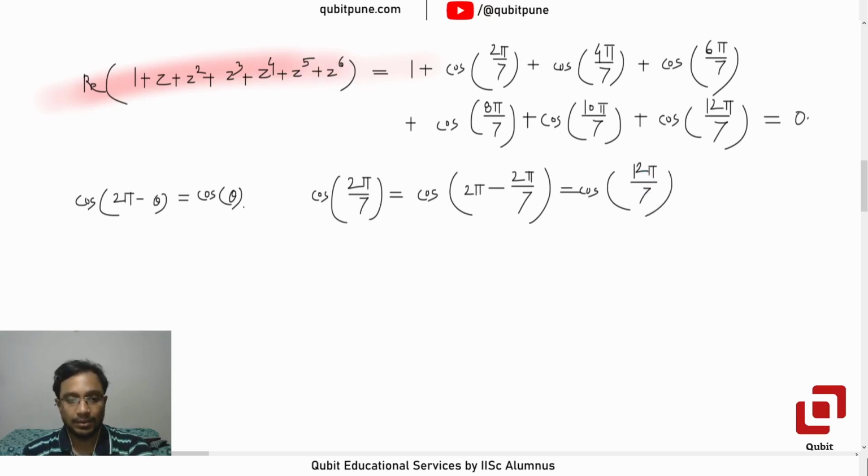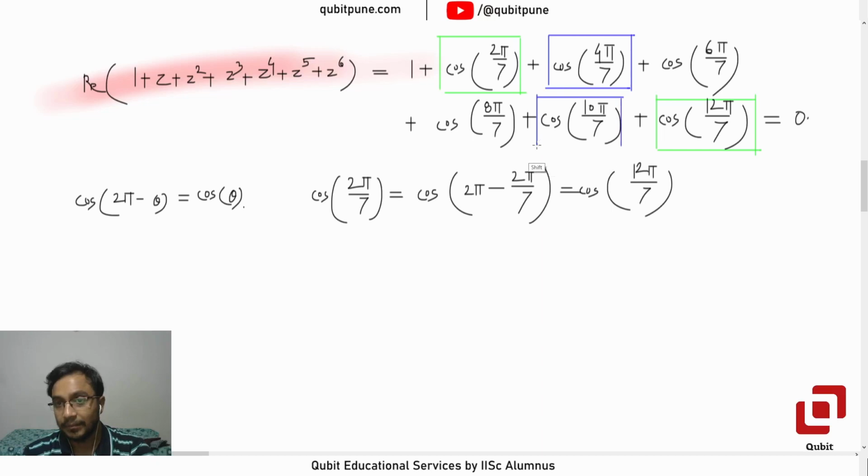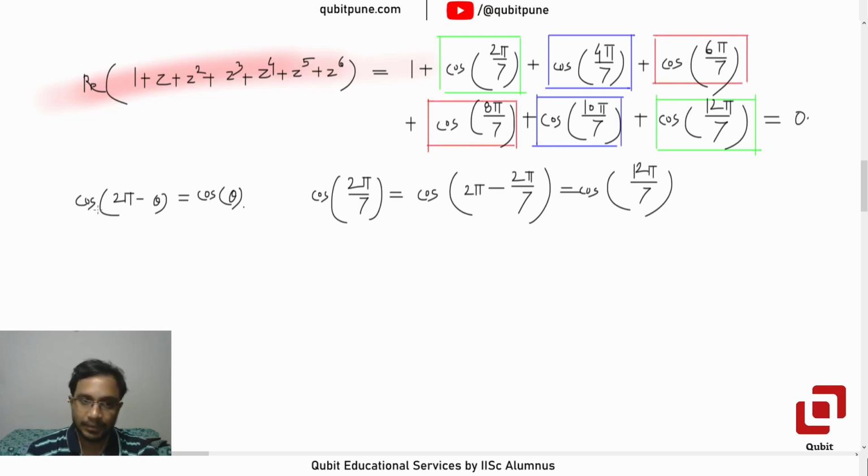Similarly, cos of 4 pi by 7 will be equal to cos of 10 pi by 7, and cos of 6 pi by 7 will be equal to cos of 8 pi by 7, using the identity that we have used here: cos of (2 pi minus theta) is equal to cos theta.